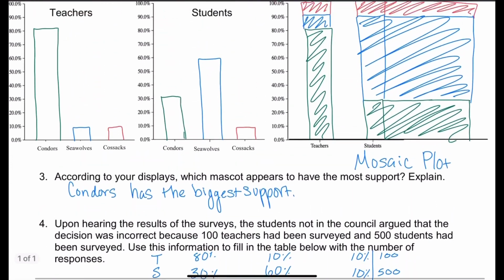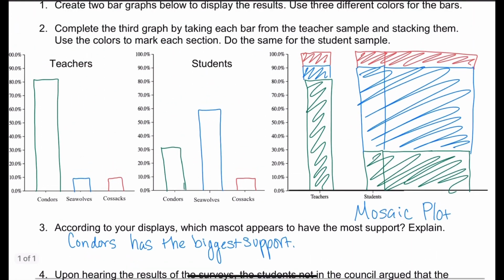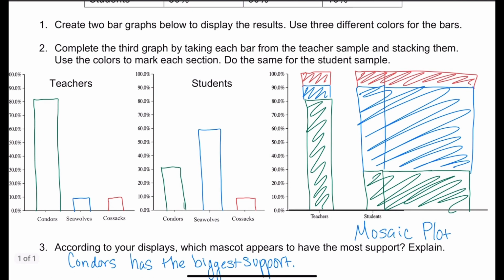So knowing what we know based on this graph, well, there's a bigger blue square now than there is for the teachers. Looking at this area right here, that blue area is larger.